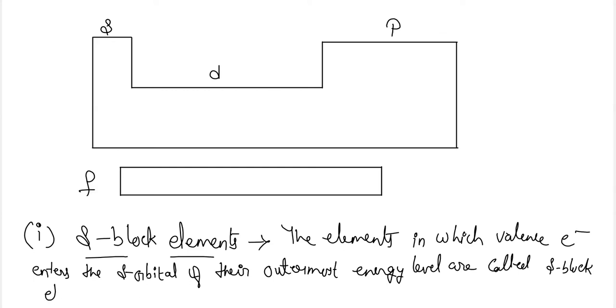It consists of elements of group 1 and 2. The group 1 elements and group 2 elements are present as the S block elements. It means that alkali metals and alkaline earth metals, both are termed as the S block elements.